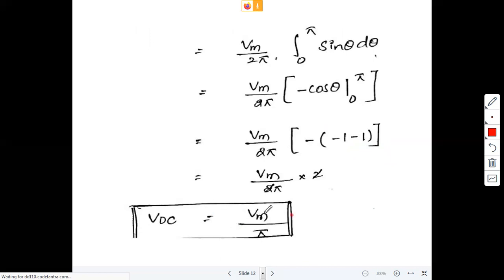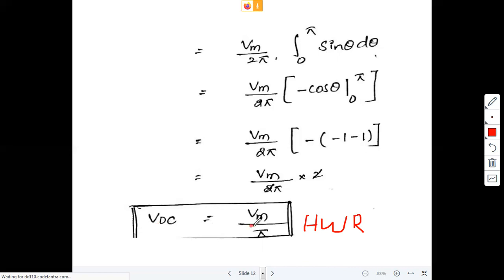Now this is for half-wave rectifier. Half-wave rectifier DC value is equal to Vm by pi, that is equal to 0.318 Vm, right? In previous problems, we calculated the VDC.